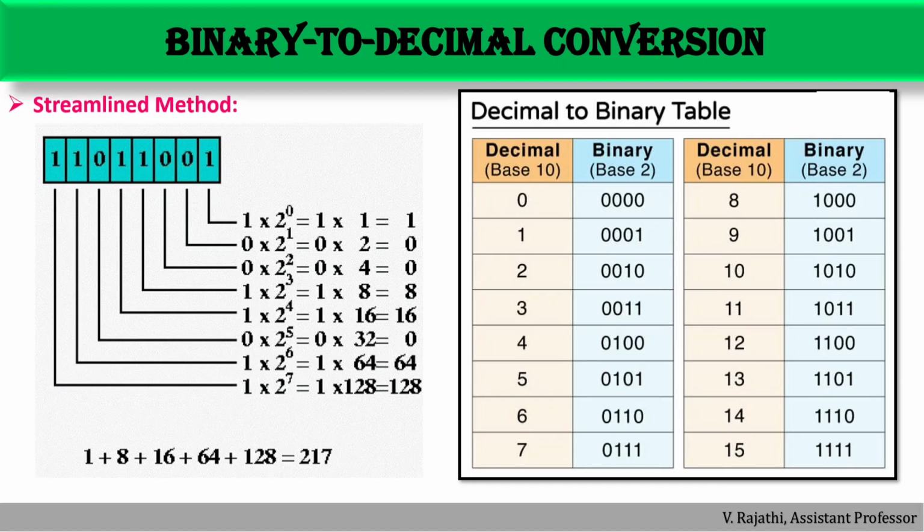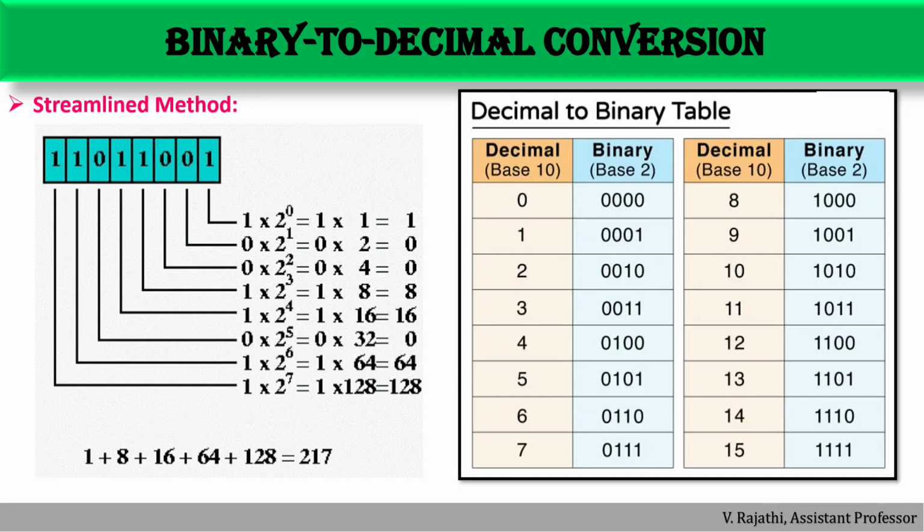This is a streamline method example. Starting from the right side, 1 into 2 power 0. 2 power 0 is 1, since anything to the power 0 is 1. And for 2 power 1, the digit is 0, and anything multiplied by 0 is 0.